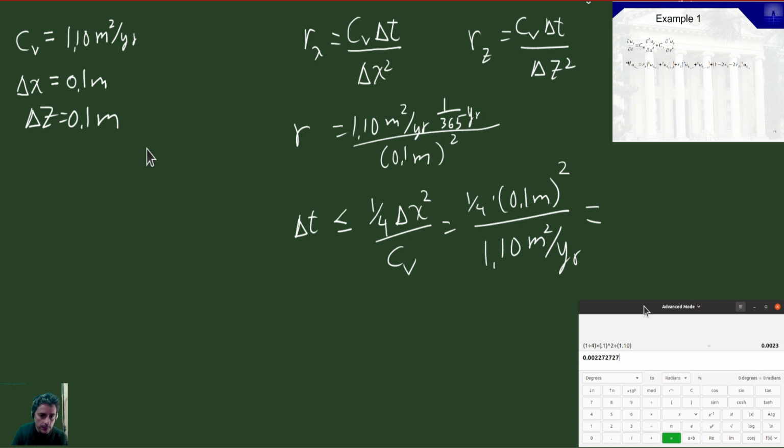That is 0.0022, and if I multiply that by 365, that's about 0.8 days.